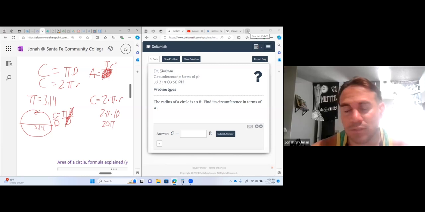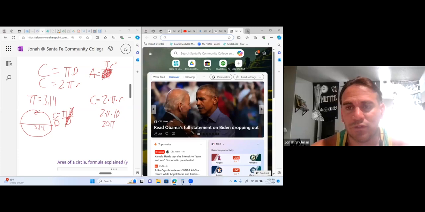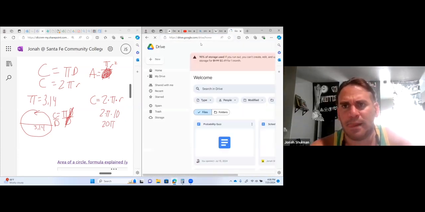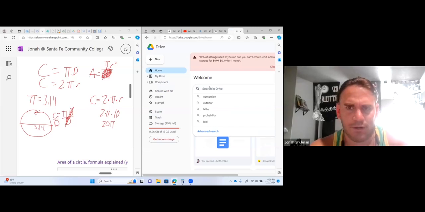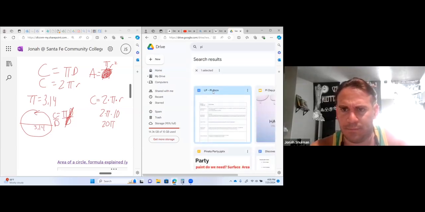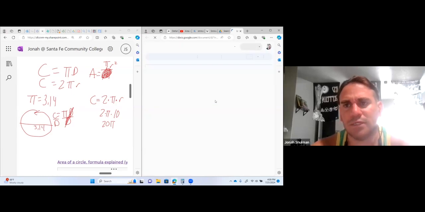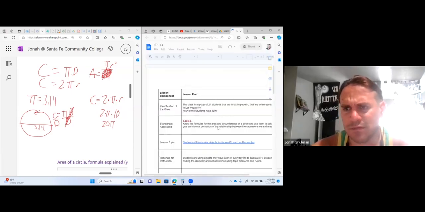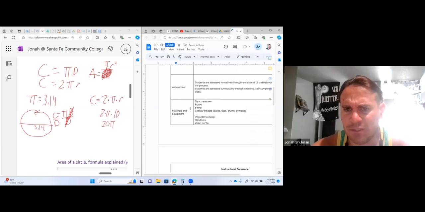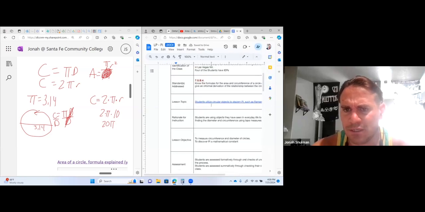Another good thing about this Ramanujan guy, here's a great lesson you can think about using. We'll see it in the project-based learning lesson. Students use tape measures, rulers, and string to figure it out.